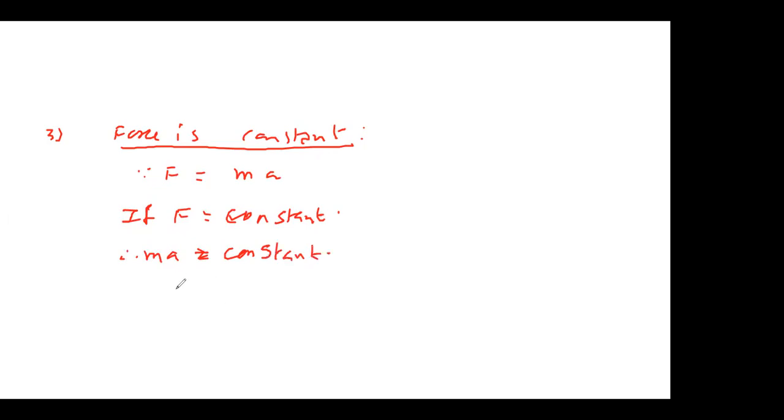This means a and m are inversely proportional. Whenever it is an inversely proportional graph, it will always be like this. That means it will be a curve decreasing from the y side to the x side.